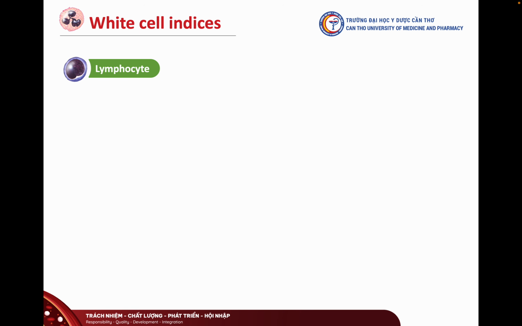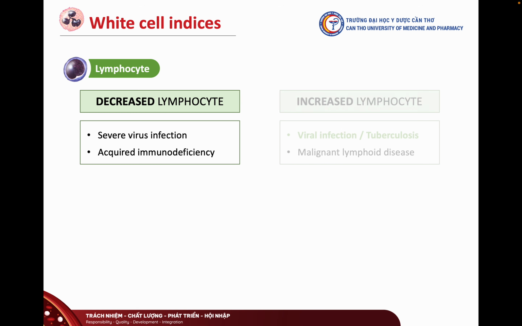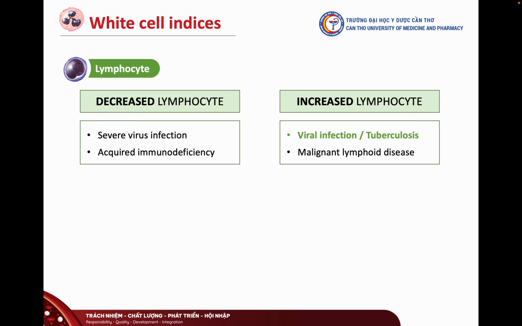Now, let's take a look at some other white cell subtypes, starting with the lymphocytes. Lymphocytosis, or an increase in the lymphocytes, is most commonly caused by viral infections like EBV or CMV, or viral hepatitis. In some cases, tuberculosis can also trigger a chronic immune response and elevate the lymphocytes.